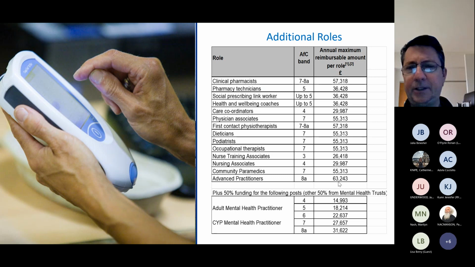They don't tend to use dietitians and podiatrists as much, and I haven't seen them or OTs as much in plans. But advanced practitioners, nursing training associates and paramedics are very much in demand, although trying to get paramedics is not the easiest thing to do. So it's a huge budget per PCN, 800,000, and it can be made up of whatever mix of staffing you want.